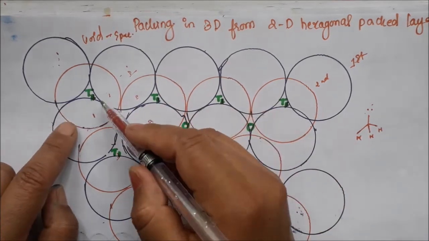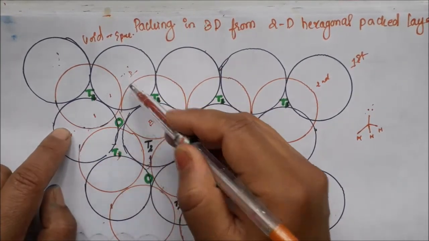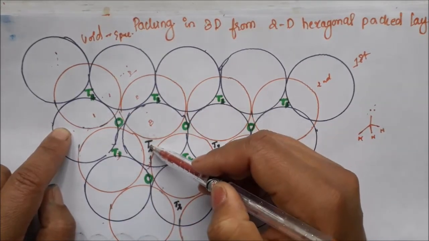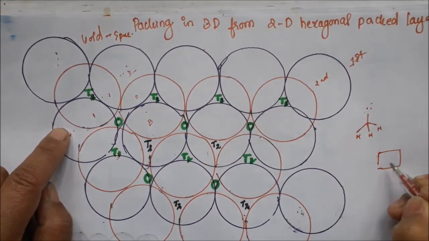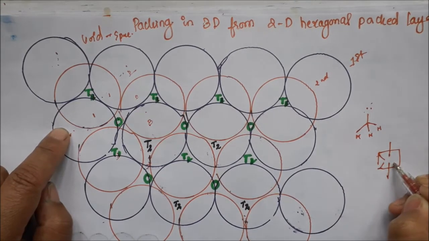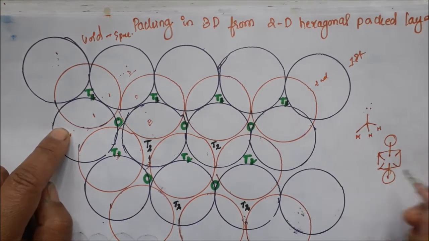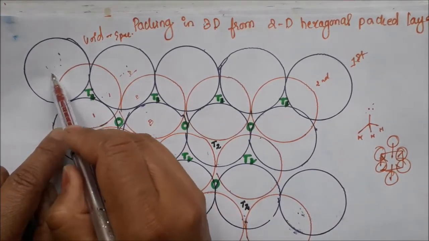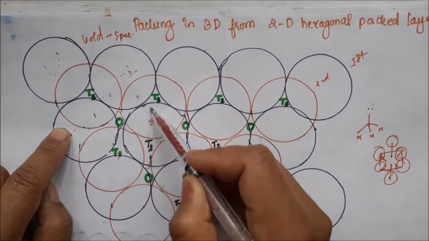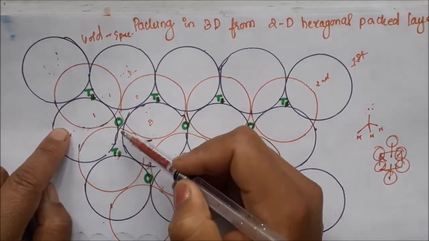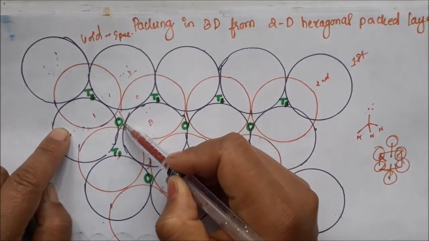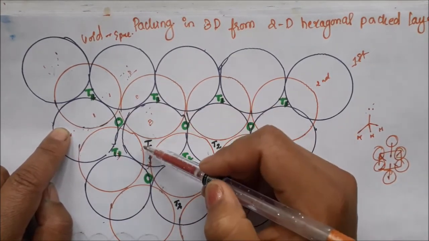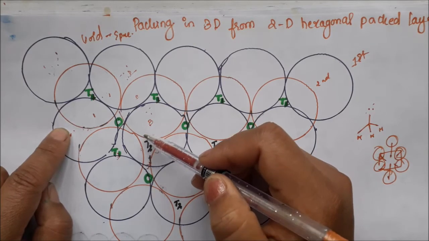Four are in one plane, one above and one below. So this void is created by packing of 6 particles lying at octahedral corners.